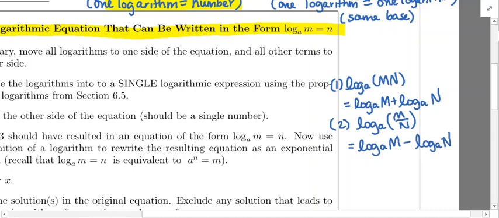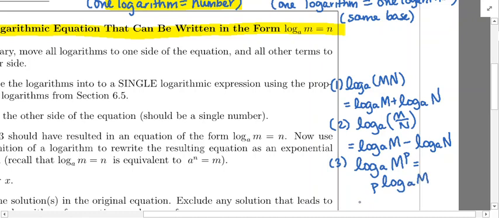The third property told you how to handle the logarithm of a power. If you have the log base A of something to a power, you are allowed to take that power and bring it in front of the logarithm. So this is going to be p times the log base A of m.